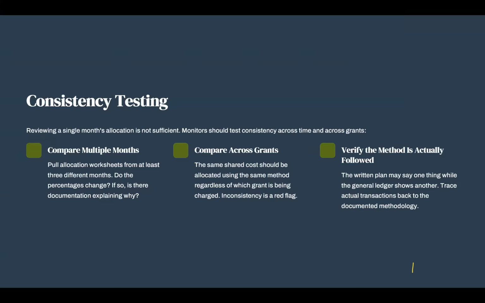And then the next one, it's not exactly specific to CSBG, but you want to see it's being compared across grants. This might not fall within the scope of monitoring for CSBG, but say for whatever reason you had a different scope and you're looking at the whole cost allocation plan, you'd want to make sure that they are applying it consistently across the grants, that they're not just picking one and dumping all one cost there, but instead spreading it consistently across the grants.